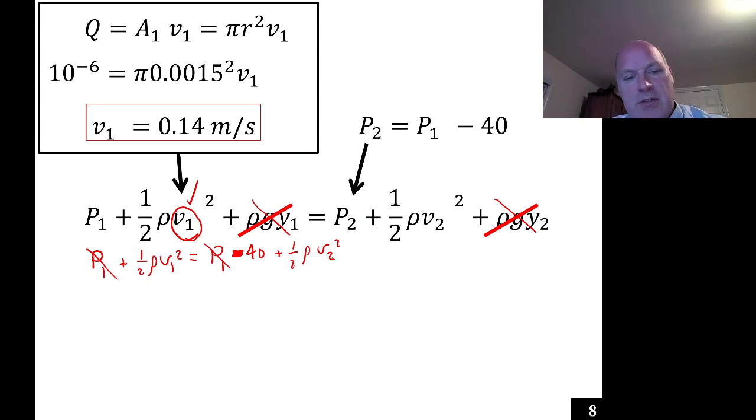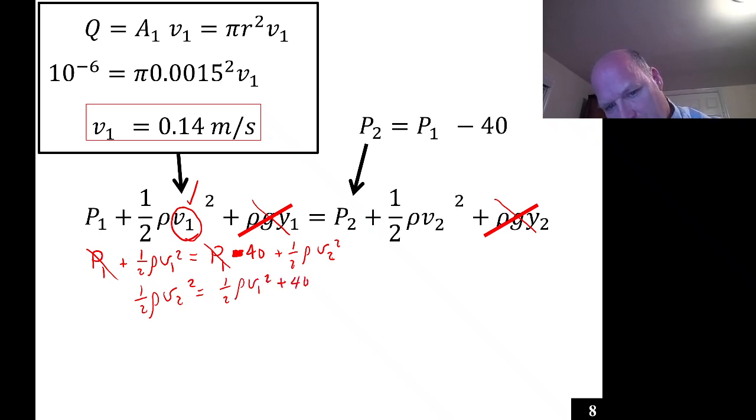Minus signs are a killer in this type of problem. You keep track of the minus signs, you'll do great. So we know now V1, we know density, we can solve for V2. V2 squared would be equal to what? 1/2 rho V1 squared plus 40.